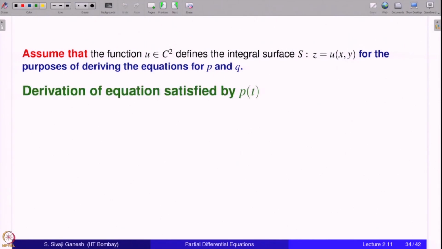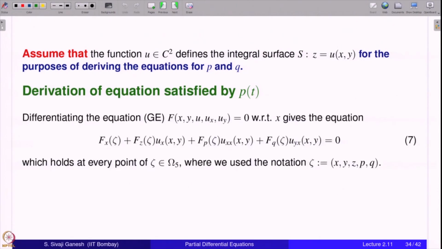So, how do we derive the equation for p(t)? What do we have at our hands? This equation f(x, y, u, u_x, u_y) equal to 0, differentiate that with respect to x. So, first is f_x, here I am using zeta to stand for x, y, z, p, q.